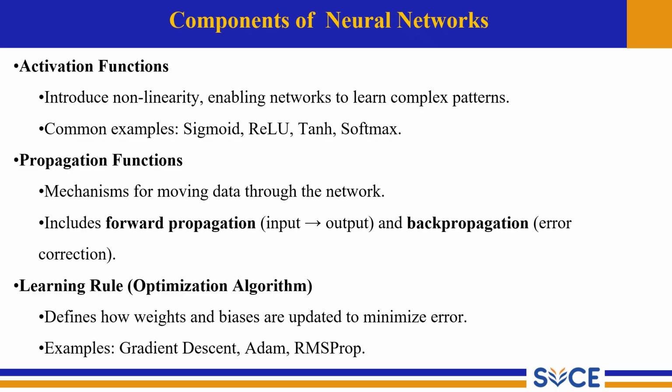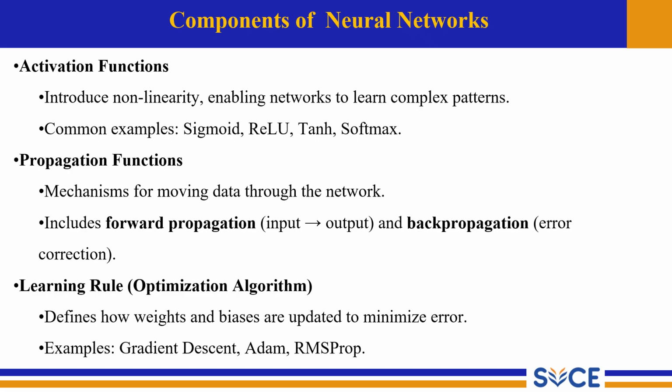Some of the most widely used activation functions include sigmoid, which squashes values between 0 and 1, making it useful for binary classification. ReLU, which is the most popular today, allows positive values to pass through while blocking negative ones. This makes training faster and more efficient.